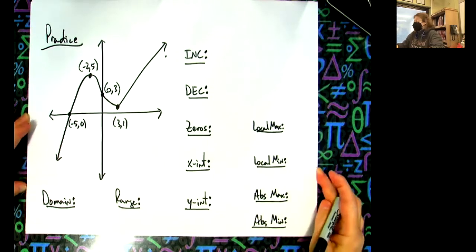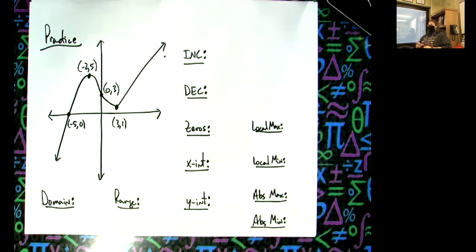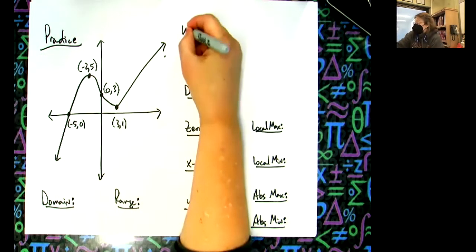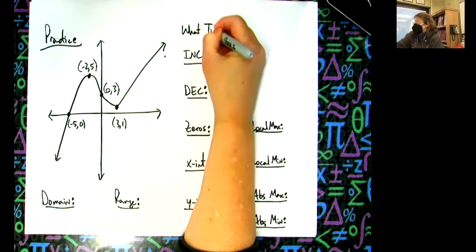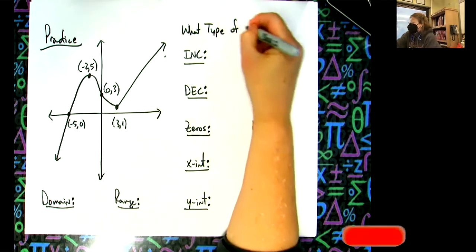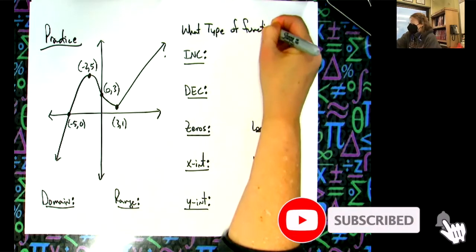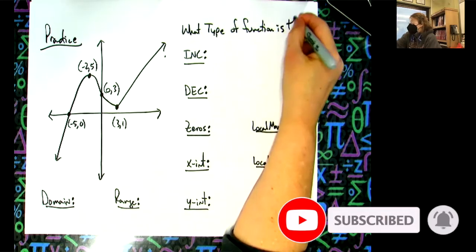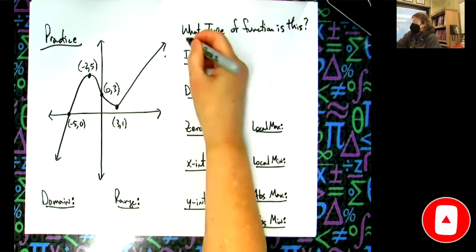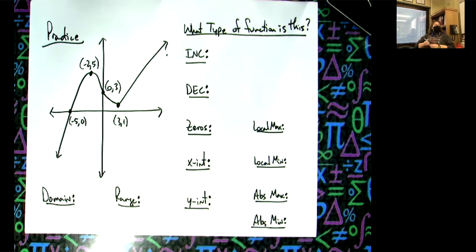Once you start learning stuff, it's amazing how much it just keeps going on and on. Local max, min, range, and then I could also ask you what type of function this is.